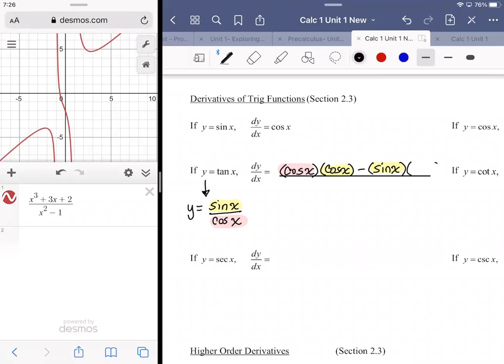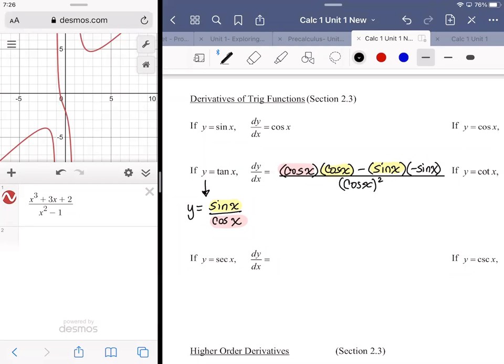D low, the derivative of my denominator, derivative of cosine is negative sine, over the denominator squared, and away we go. All right.